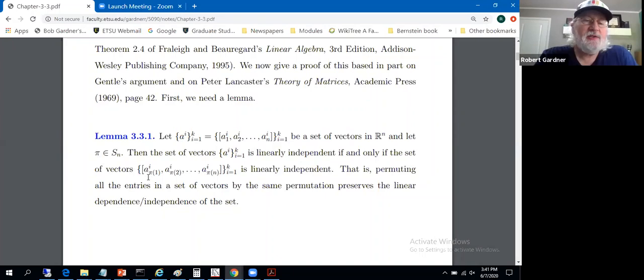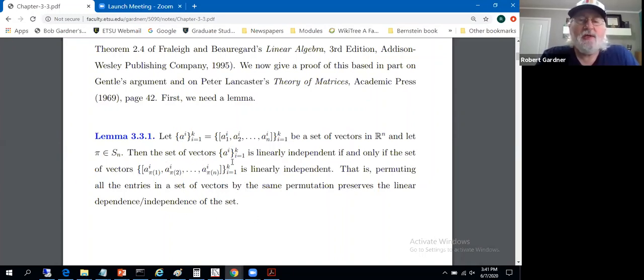We've got a_pi(1)^i. Whatever the image of 1 under this permutation is, that's what we're putting in the first component. So what we're doing is taking the components of all of these vectors and just jumbling them around in the same way for each of those vectors. That is, permuting the entries in a set of vectors by the same permutation preserves linear dependence and independence.